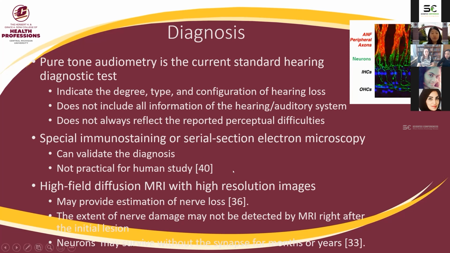Also, high field diffusion MRI with high resolution images may provide estimation of nerve losses. However, it cannot help early detection because neurons may survive for a long time after synapse damage.